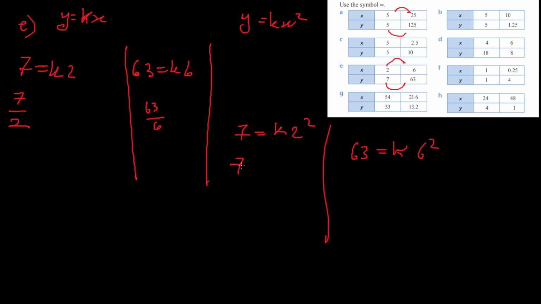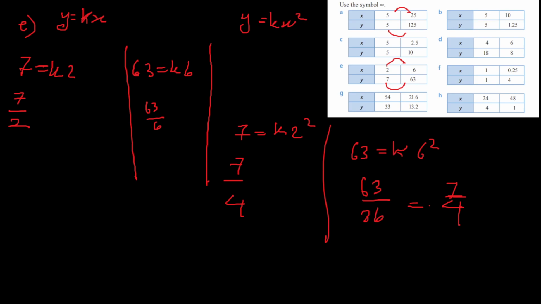So we get 7, this is going to be 4, so 7 by 4. Oh, sorry, I made a small issue, this is going to be 4. And here, 63 by 36. If we were to simplify this, we'd get 7 by 4.